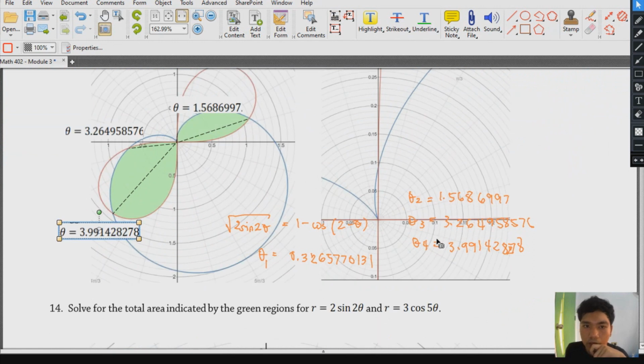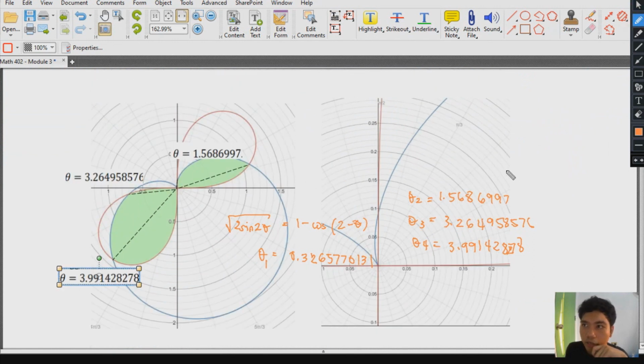Okay, so yung area 1 natin is sa Lima Sun. So, area 1 is equal to the 1/2, the integral from, diba this is 0, kasi nag-start siya sa 0. And then, pag 0, 0 din yung value. So, pag 0 siya, 0 din to. And then, kapag naman nag-increase tayo ng value, we could see na it goes from 0 to 0.325770131.